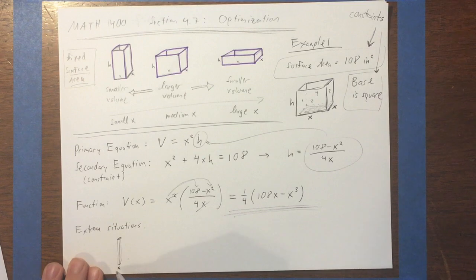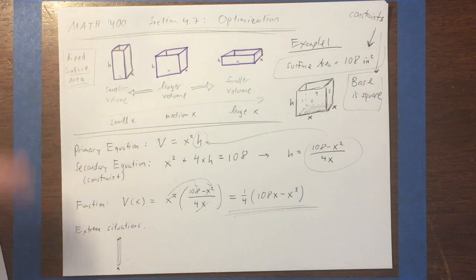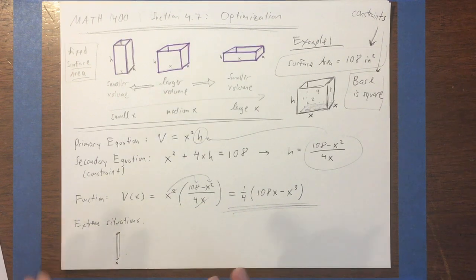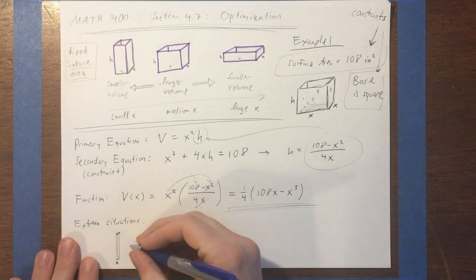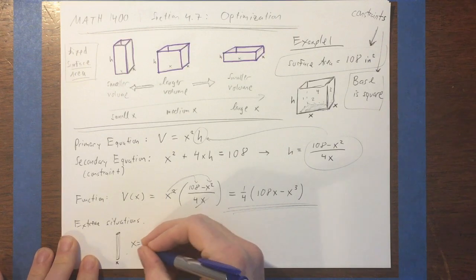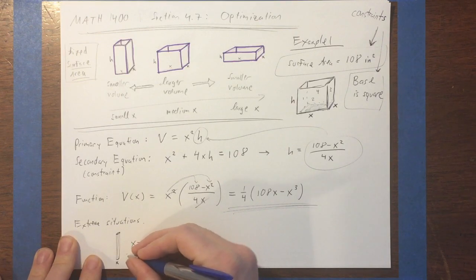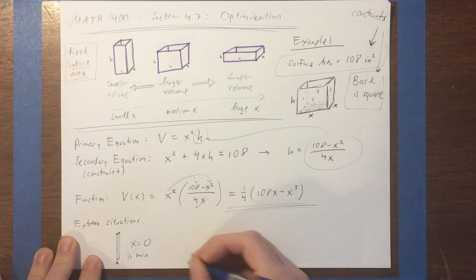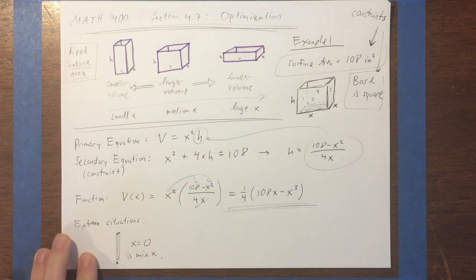Like we can make this x tiny and then have the box be as tall as a skyscraper. And we could still set it up so that it has a surface area of 108 square inches, which is kind of a silly thing to imagine, but it's possible, right? So x equals 0 is going to be our low end, our minimum x.